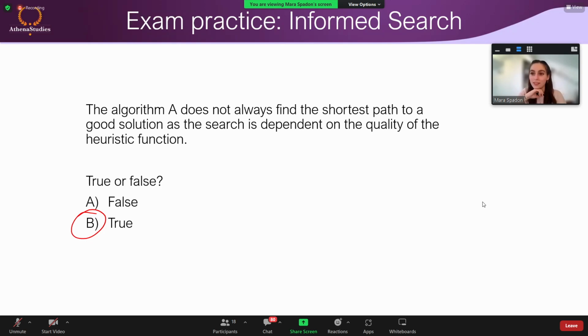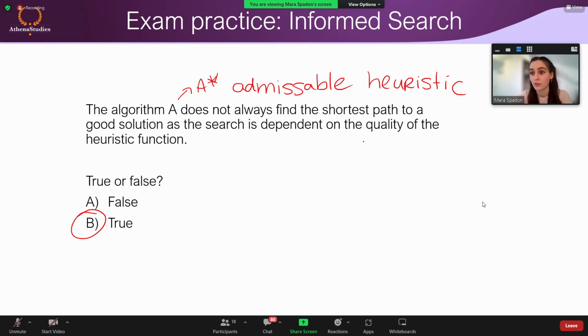Exactly, that is indeed correct. So it was very important what they just mentioned. A star, because it uses the admissible heuristic, remember, is guaranteed to find the shortest path to a good solution. But as this describes, A search does not always find the shortest path because it is dependent on the quality of the heuristic function, right?